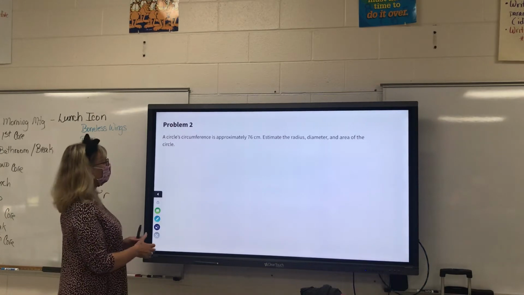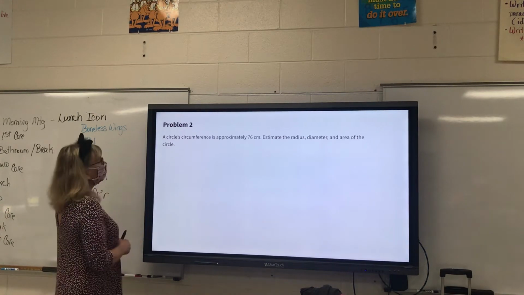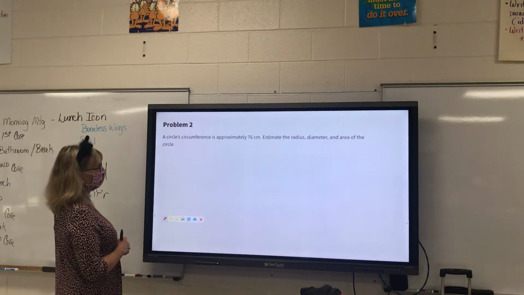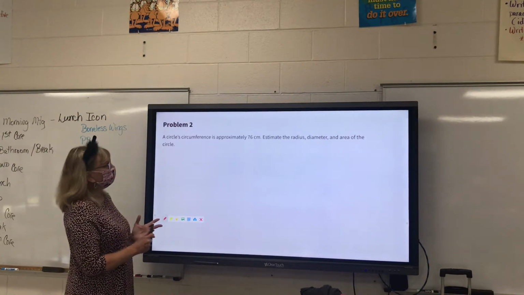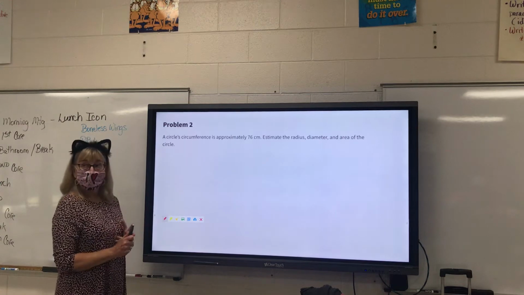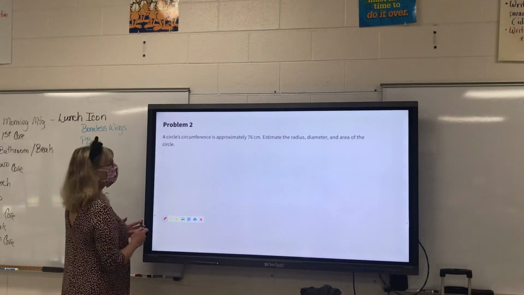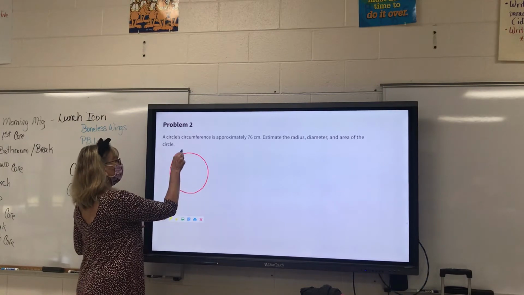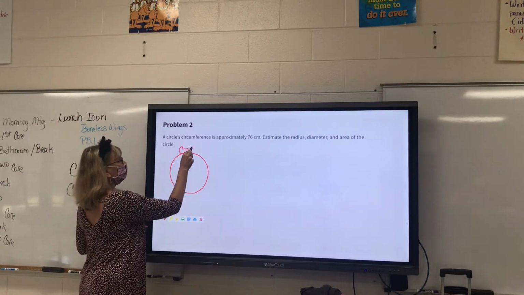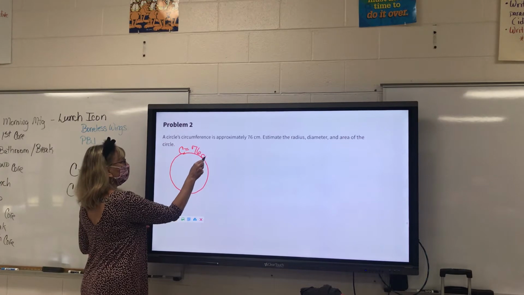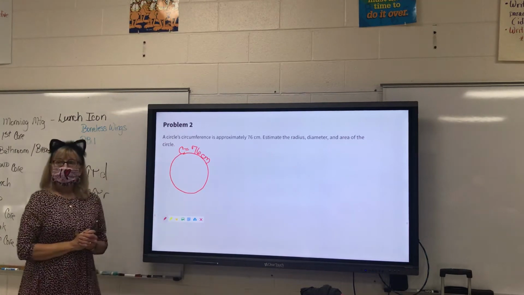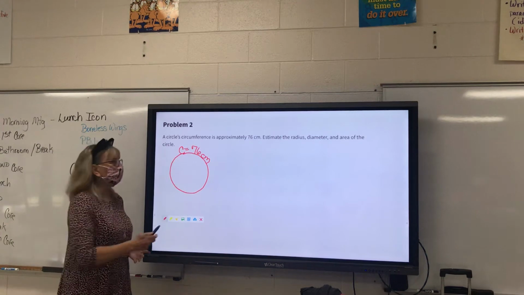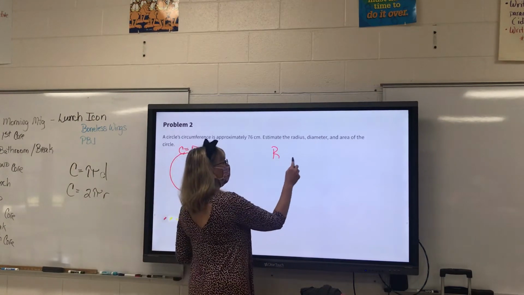A circle's circumference is approximately 76 centimeters. We want to know the radius, the diameter, and the area. All right, so let's draw a picture and put in what we know. We know the circumference equals 76 centimeters. Okay, if we know the circumference, let's go back to that chart that we had.